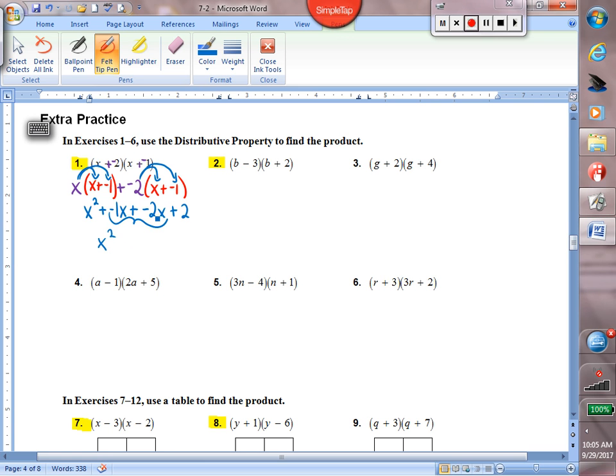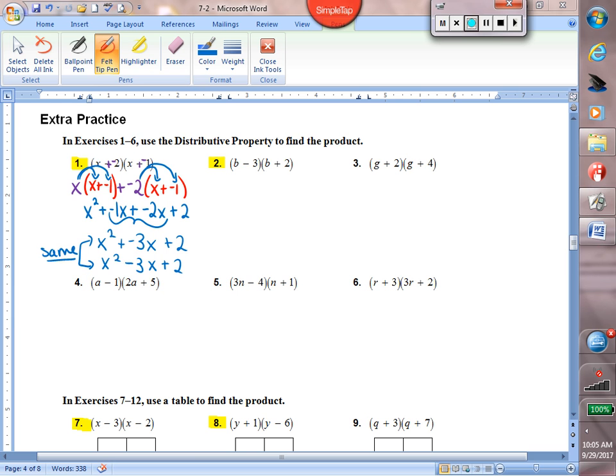Negative 1x plus negative 2x gives me negative 3x and our plus 2 at the end. You can also write this minus 3x instead of plus and negative. These 2 answers are the same. It does not matter to me which way you choose to write those.